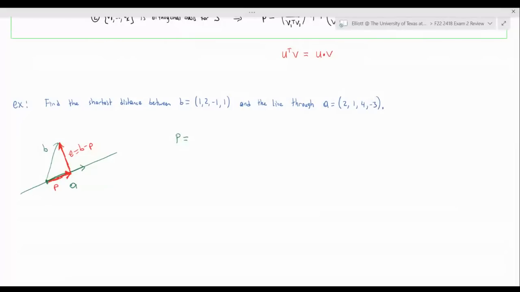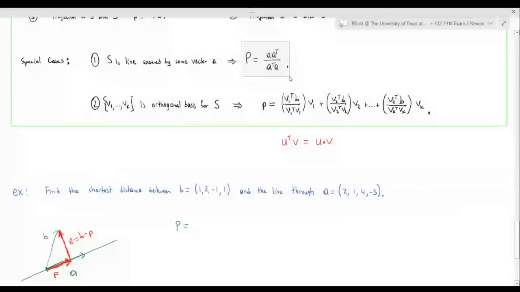The way I will do that is calculate the projection matrix using this formula. You don't have to do it this way, but I think it'll be good to see. So I'm going to calculate the projection matrix. We have A times A transpose.